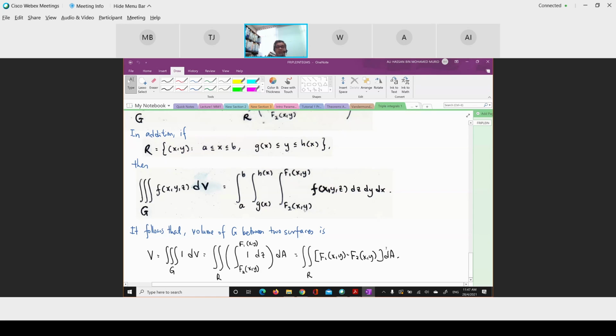So this is the result. If you want to find the volume of a solid G bounded by two surfaces f1 and f2, it is equal to the double integral of the difference of the functions f1(x,y) and f2(x,y).